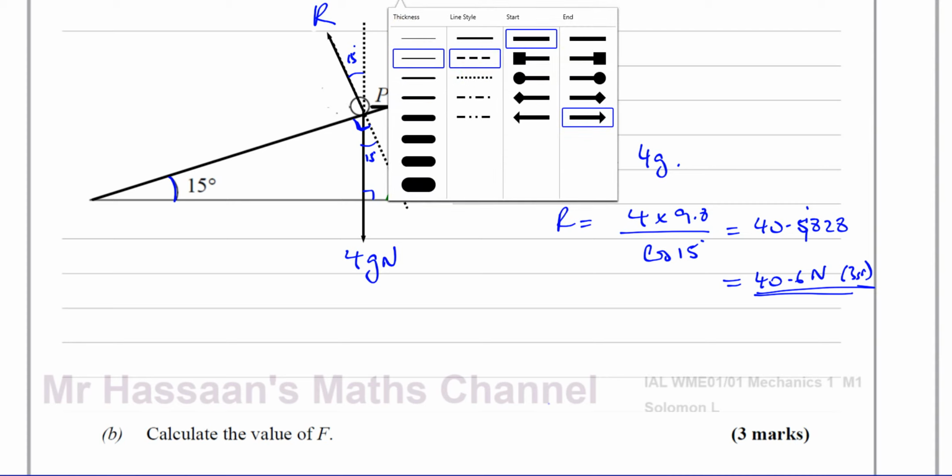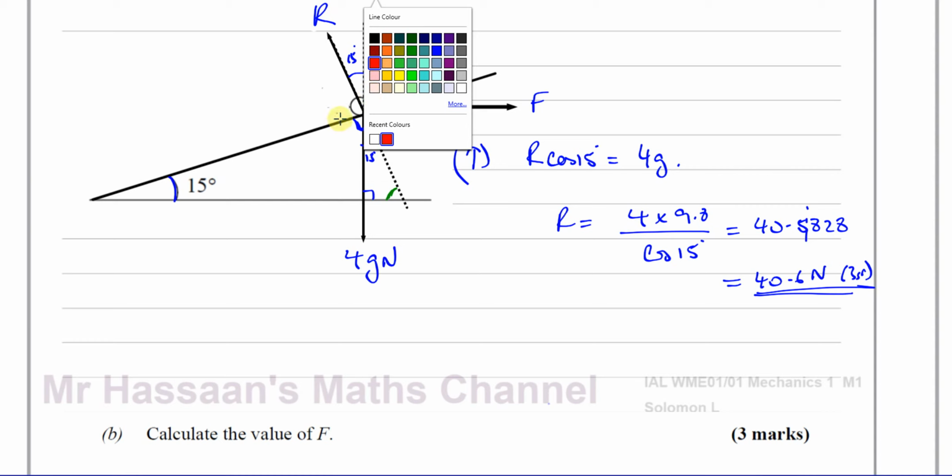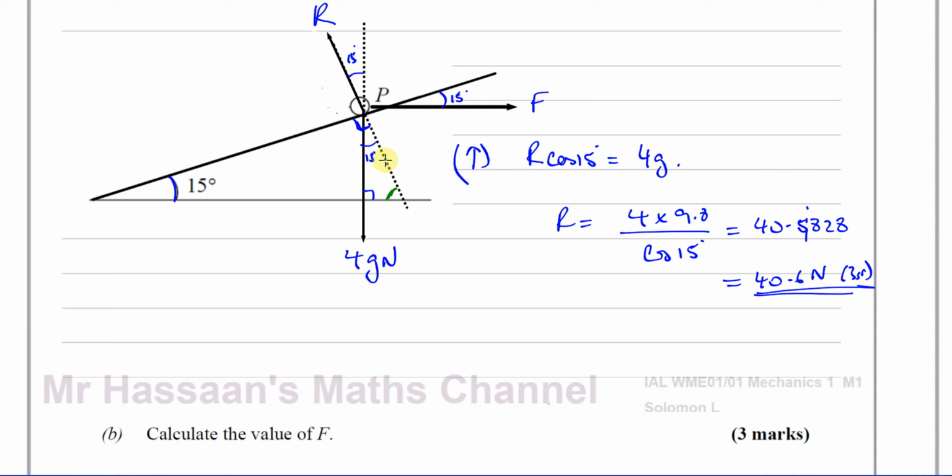But because they asked us to find R directly without F, I resolved in a direction perpendicular to F, so we don't have to worry about F. You kind of eliminate F from the equation if you resolve in a direction perpendicular to that. What I'm going to do now is resolve the forces parallel to the plane.